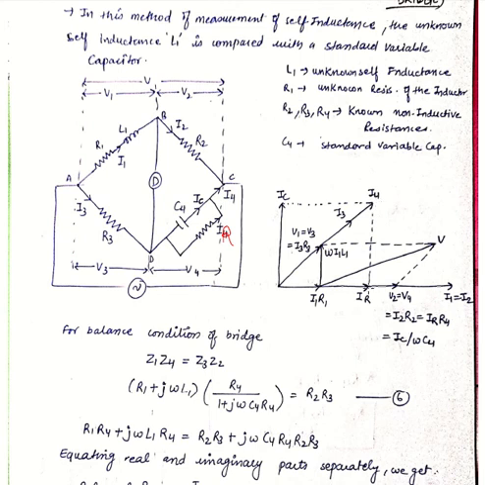So now if we extend this phasor line to V2, the resultant of V1 and V2 gives V. We can also have V3 and V4 give our V as a resultant.